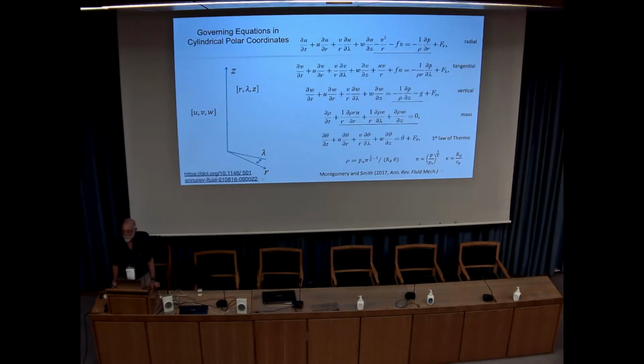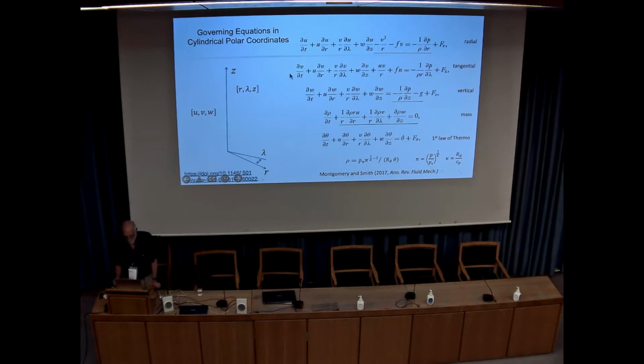So this next slide may cause you to go running from the room, but it's basically the complete equations that will describe a system like the systems we're going to be talking about. In polar coordinates, and there's a nice review article by Montgomery and Smith in the Annual Review of Fluid Mechanics. This is the equation for the radial momentum. I showed you the radial flows into the storm.